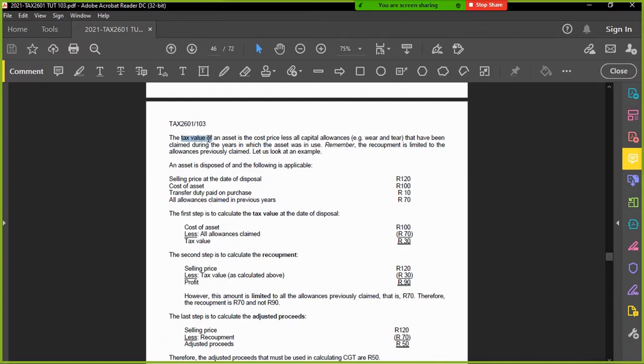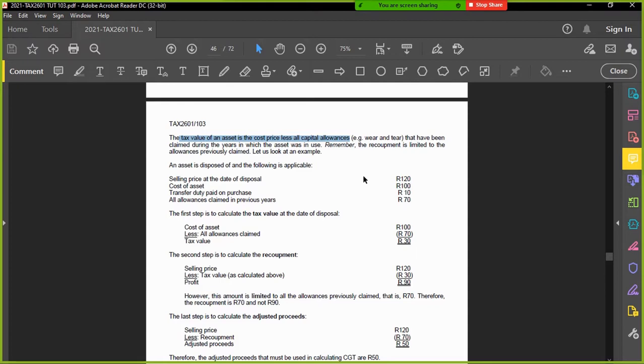This is quite good because they're showing you the tax value. Remember, tax value is the same as carrying value. In accounting, how do you work out your carrying value? Cost minus accumulated depreciation. Good. When you're looking at tax, you don't have accumulated depreciation.